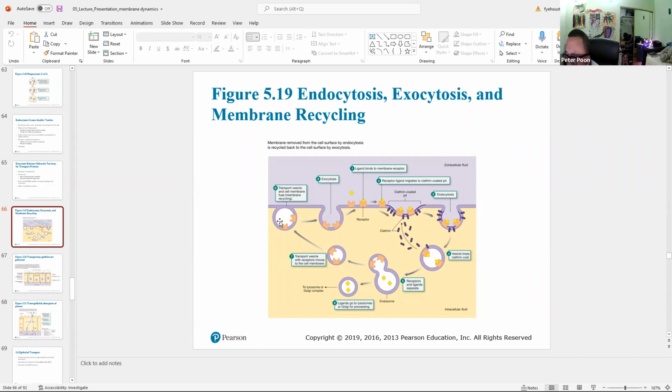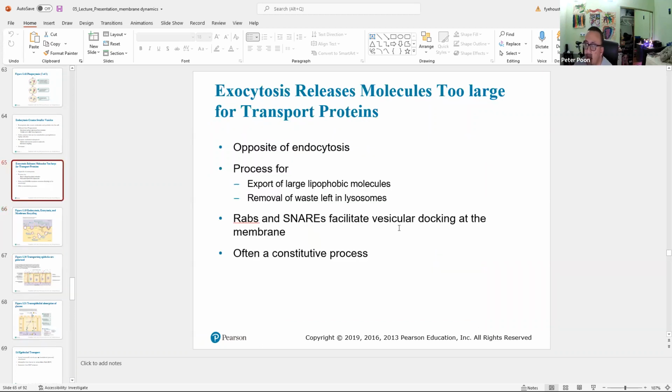You exit the cell the same way, using SNAREs that facilitate the vesicle. The purpose of the SNARE is to facilitate the docking of the bubble into the membrane, and then the membrane opens out to the outside.